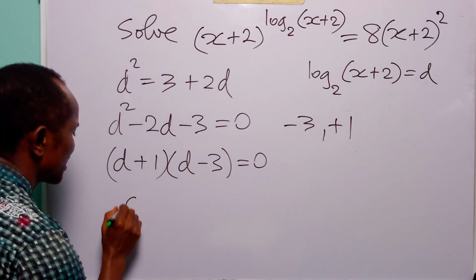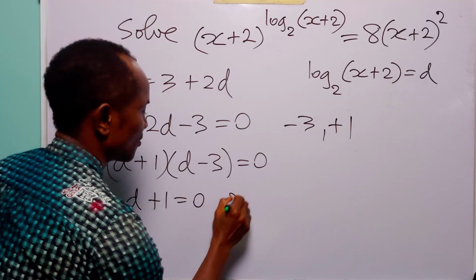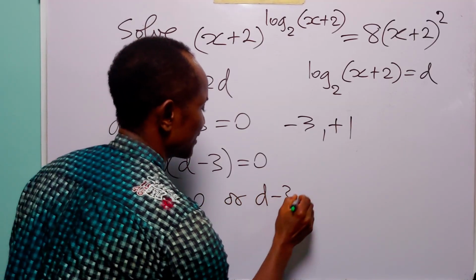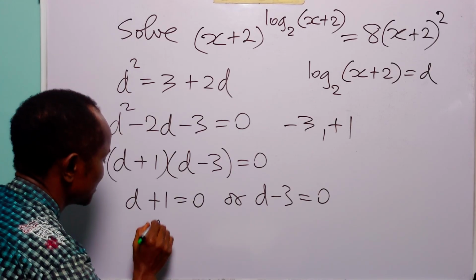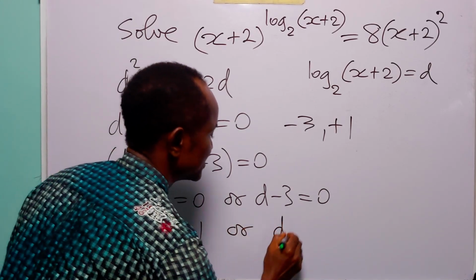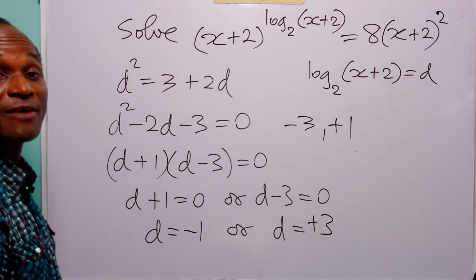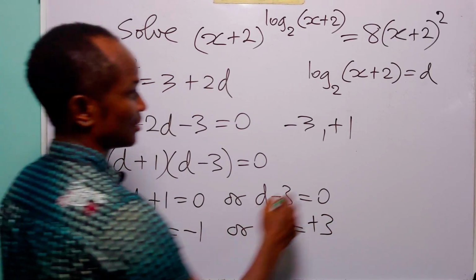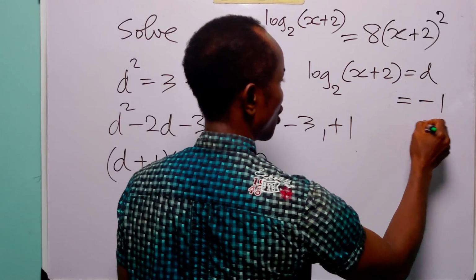And of course, from here we have that d plus 1 is equal to 0, or d minus 3 is equal to 0. From here we have that d is equal to minus 1, or d is equal to plus 3. So now we have two values for d.